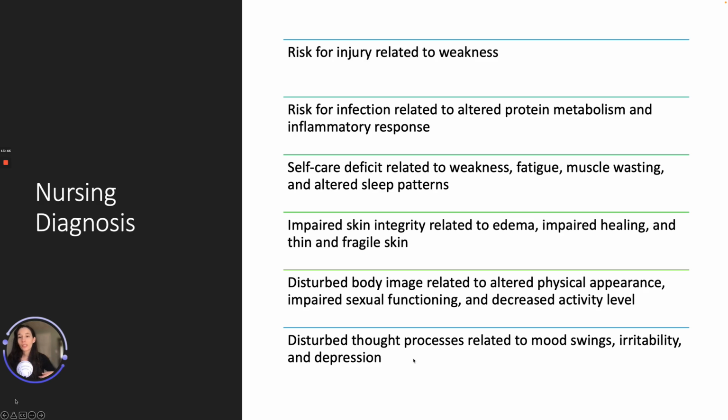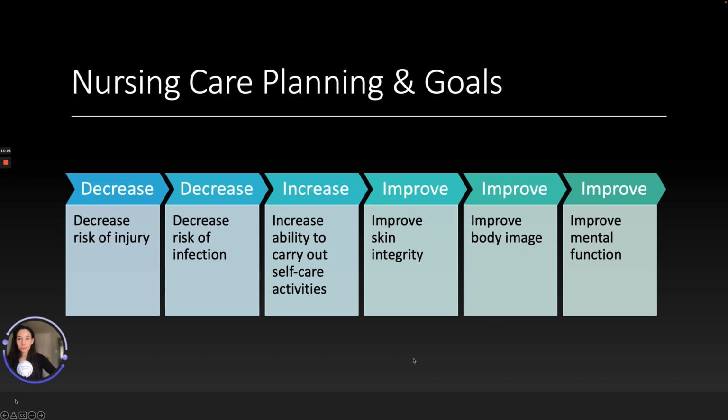Our nursing diagnoses could include things like risk for injury related to weakness, risk for infection related to altered protein metabolism and inflammatory process, self-care deficiency related to weakness, fatigue, muscle wasting, and altered sleep patterns, impaired skin integrity related to edema, impaired healing, and thin and fragile skin, disturbed body image related to altered physical appearance, impaired sexual functioning, and decreased activity level, disturbed thought processes related to mood swings, irritability, and depression.